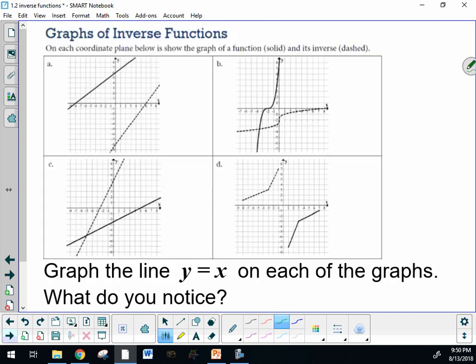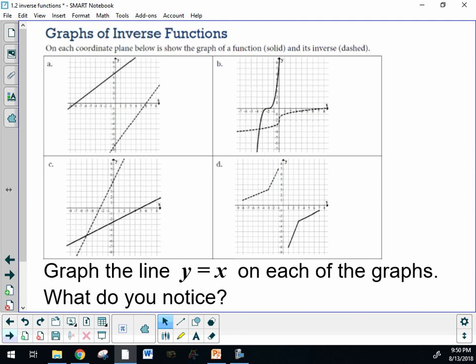what inverses do. All right, so an interesting thing happens when you look at functions and their inverses graphed. Now you might not be familiar with how to graph some of these functions yet, and that's okay. But each of the graphs shows the original function in a solid line, and its inverse is the dashed line.